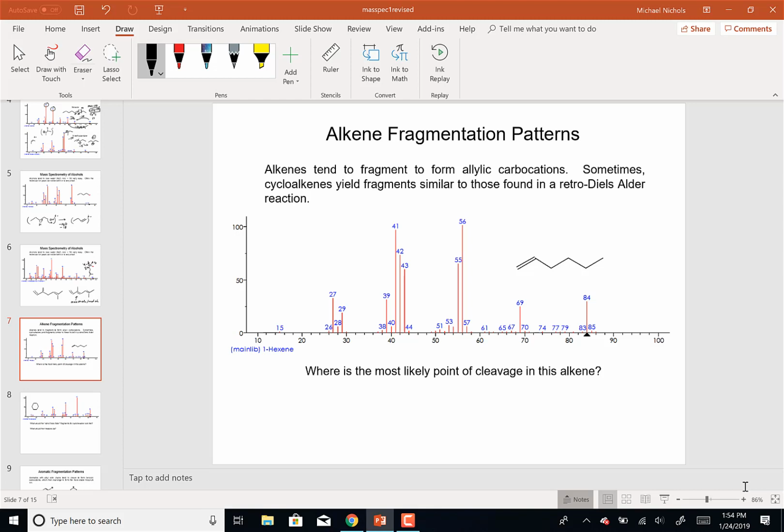So, what's an allylic carbocation? There's an example of an allylic carbocation. It's one where the plus charge is on the carbon next to the double bond.